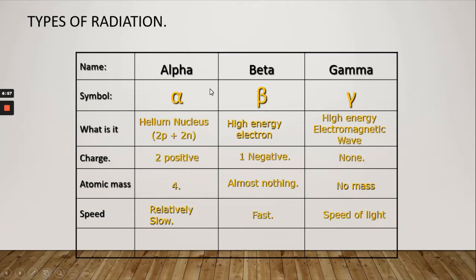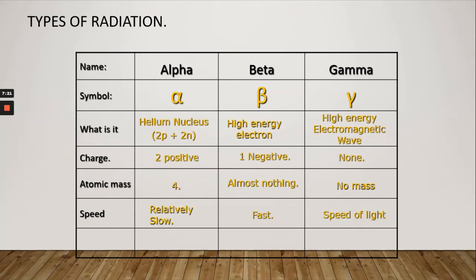Remember, all of these types of radiation are ways that unstable nuclei can try to become more stable. We could also say the unstable nuclei decay to become more stable, and we talk about alpha decay, beta decay, and gamma decay. That's a phrase that will come up more when we look at nuclear equations.